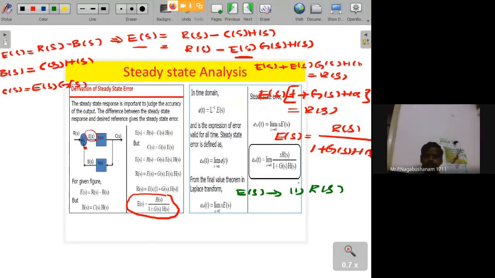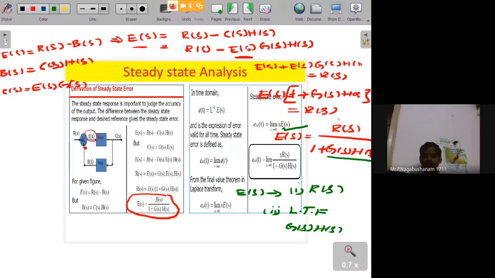Second, E of S depends upon the loop transfer function, that is G of S, H of S. If it is a type 0, type 1, type 2 or type 3 system, then the error will be affected.